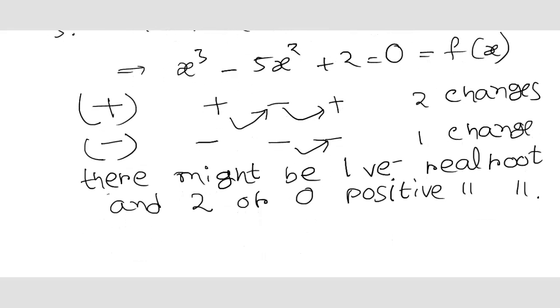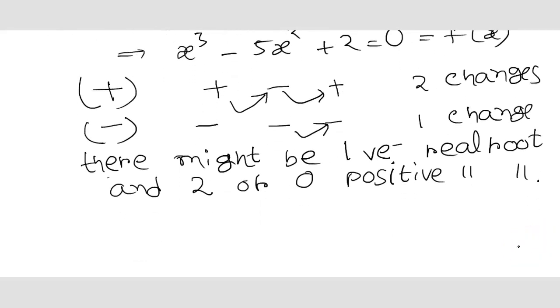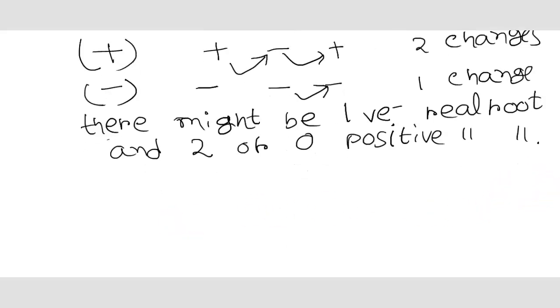But in this method we cannot determine which root lies between 0, 2. Either it will lie or it does not lie. We cannot say anything. So now we will apply our last method, the graphical method.